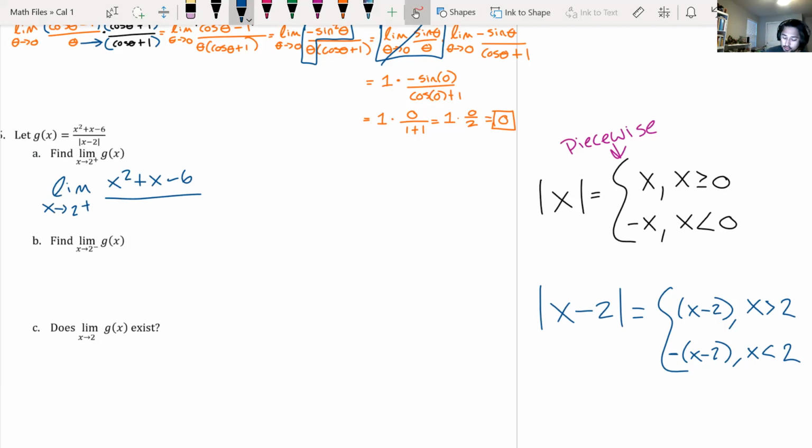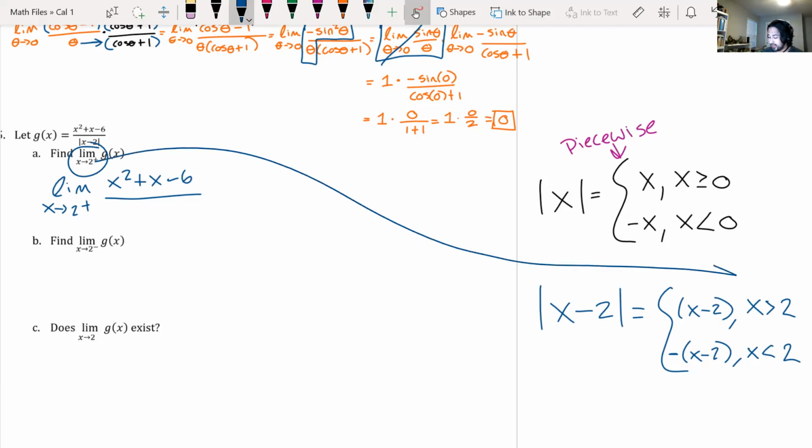So remember, if my limit is approaching from the right side, does that mean that my values of x are going to be bigger than 2 or less than 2? Greater than 2. Because remember, if you ever have a limit coming from the right side, this means all the x values are going to be greater than that number you are approaching.